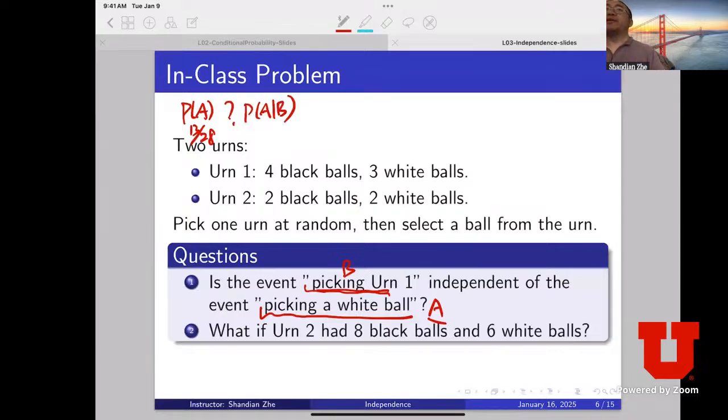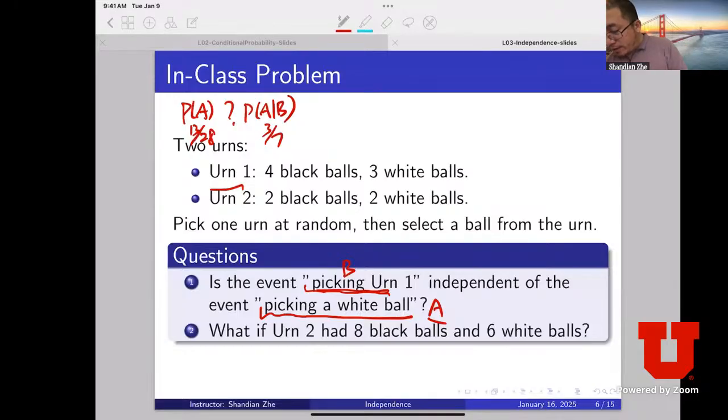What's that probability? 3 over 7, because it is conditional on that you have already picked N1. That means your selection of ball can only be picked from N1, meaning from these 7 balls, and the chance will be 3 over 7.